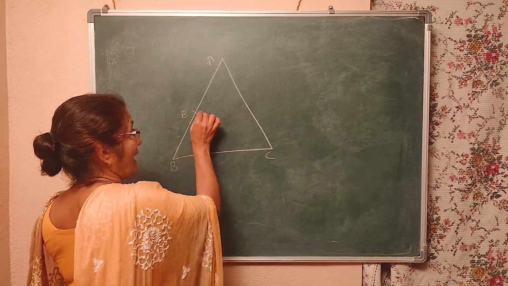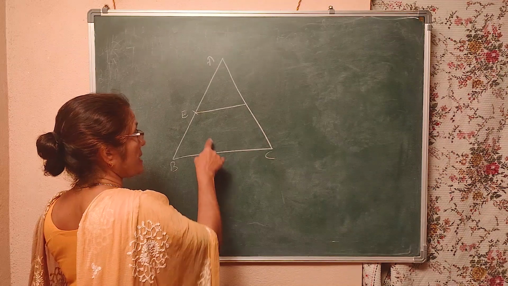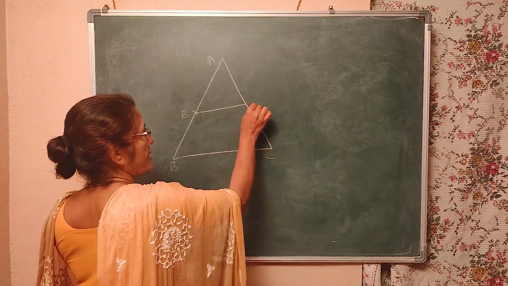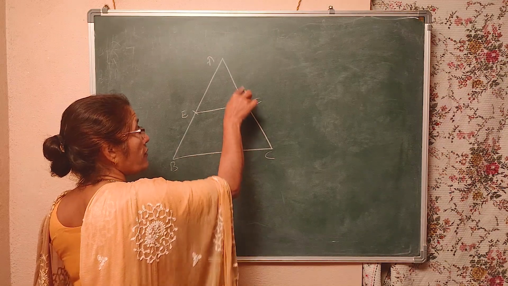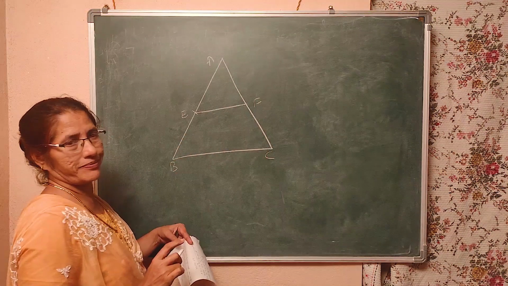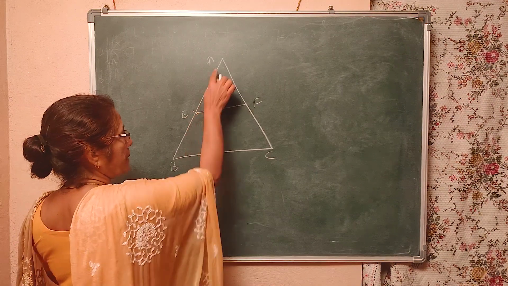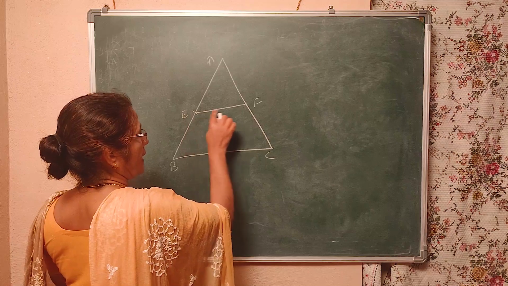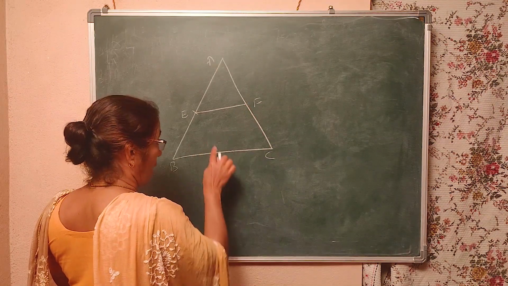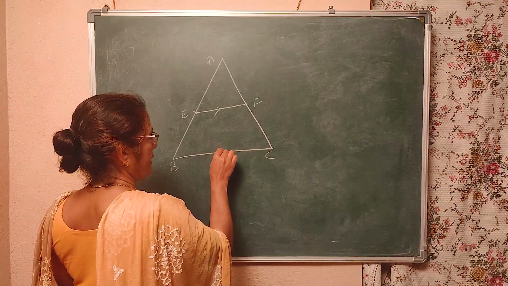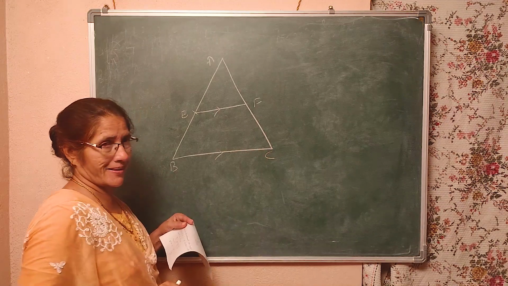If I draw one line parallel to BC, starting from E, I call it F. What they say is, F bisects AC. I repeat, if I take E as the midpoint of AB and draw one line through E, I call it F, which is parallel to BC, then F divides AC into two parts.